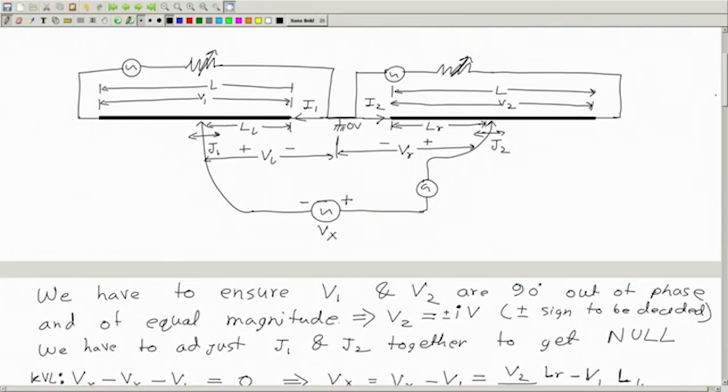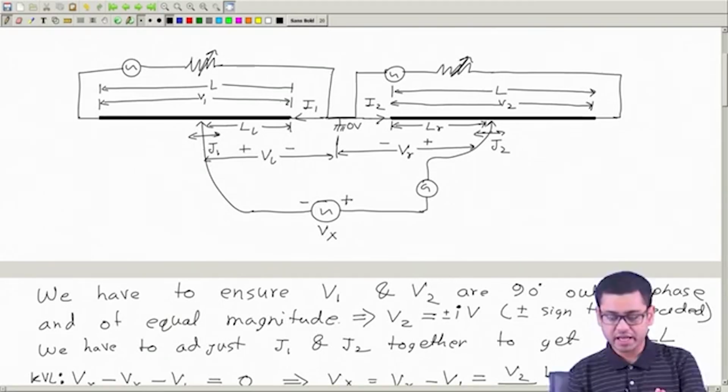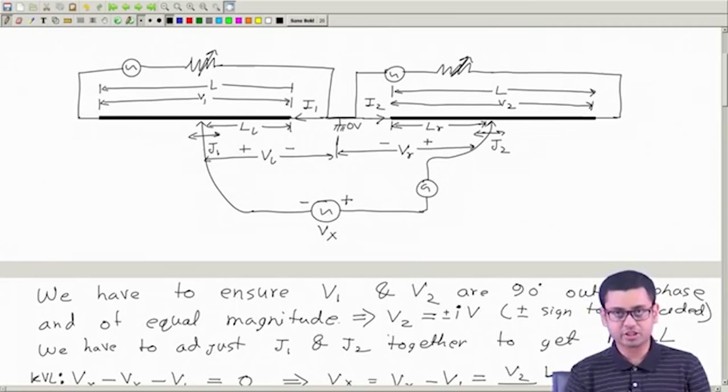Okay, so you must understand this much before we proceed further and talk about more details like how to get these two voltages 90 degree out of phase, how to ensure that yes, they are exactly 90 degree out of phase, their magnitudes are same. So we will talk about this, but before that you may take a pause and make sure that you have understood up to this.